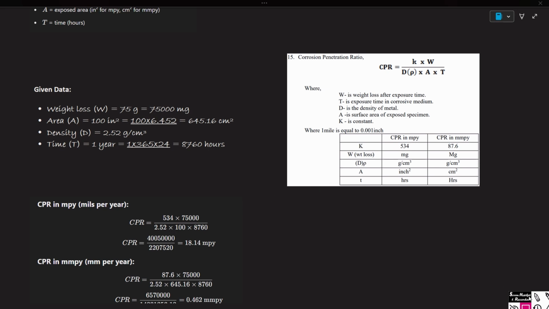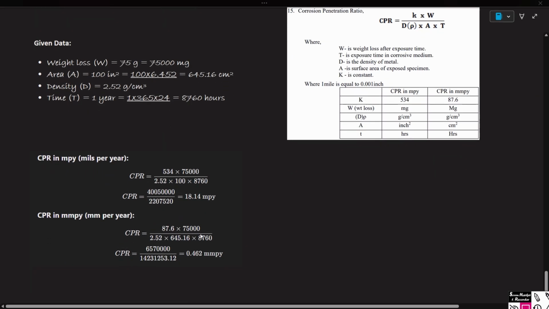For MPY, it is mentioned that we need to take the area in inch square, so don't change anything, just take 100, into time, which should be taken in hours, and we calculated it as 8760 hours. So plot all the values and evaluate. On evaluating the numerator and the denominator, we are going to get 18.4 MPY.